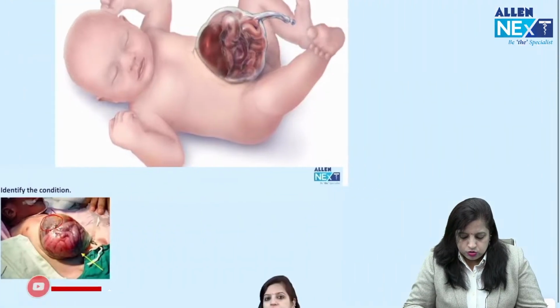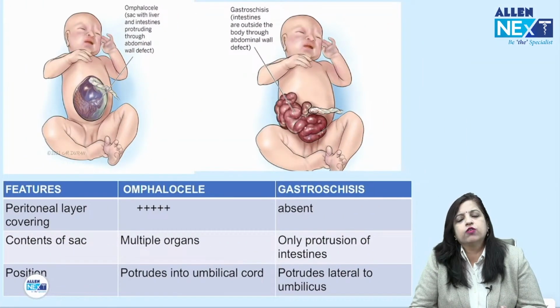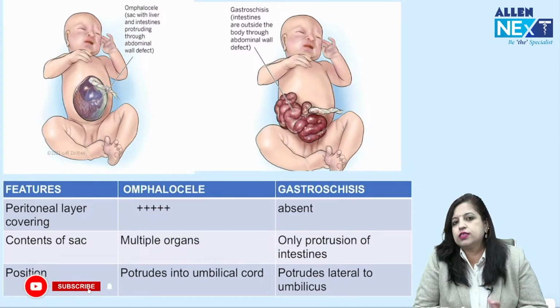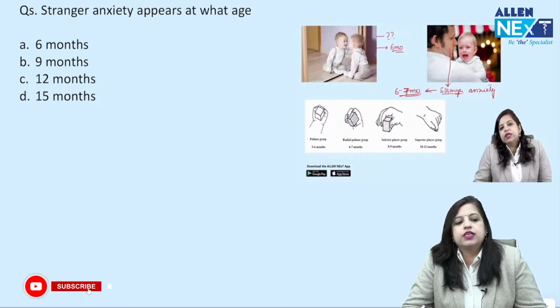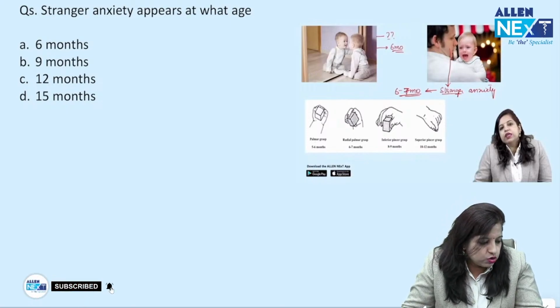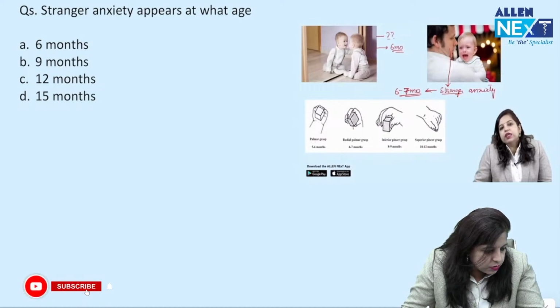Now let us move on to the next question. We had discussed the difference between gastroschisis and omphalocele. Someone asked whether it was omphalocele or an omphalomesenteric cyst.